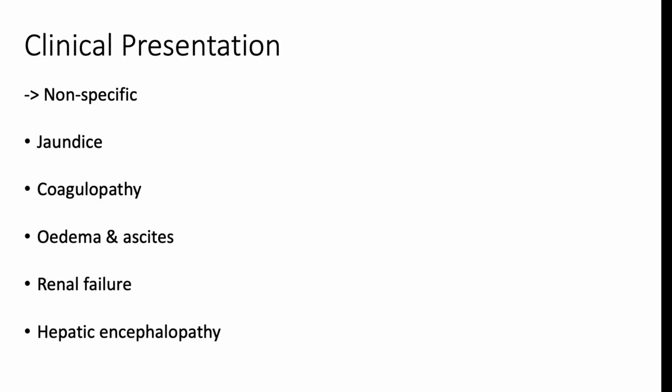So, clinical presentation of acute liver failure. Quite often it's non-specific. The presence or absence of features suggests chronicity, and patients are often unwell in a very non-specific fashion for a short period before the signs of acute liver failure develop rapidly. There are some of the features that you might see.